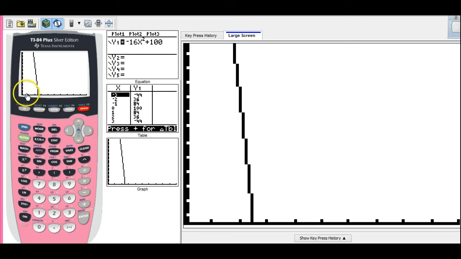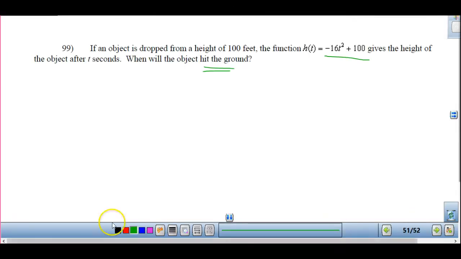So we want this to be where y is, or where x is 0. If this is 2 and this is 3, it's going to be right in between there. Maybe we can say about 2.5 seconds is when that guy hits the ground.